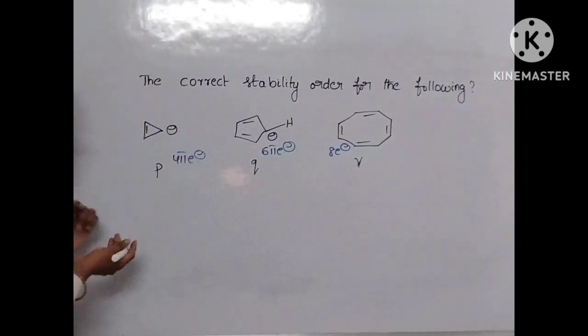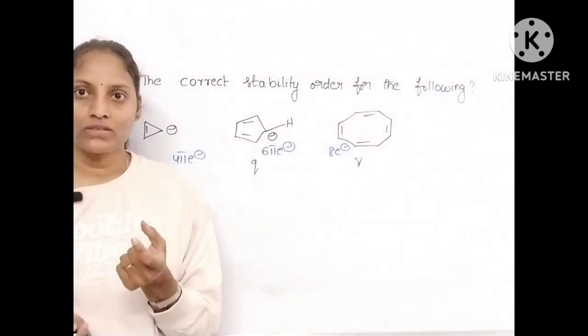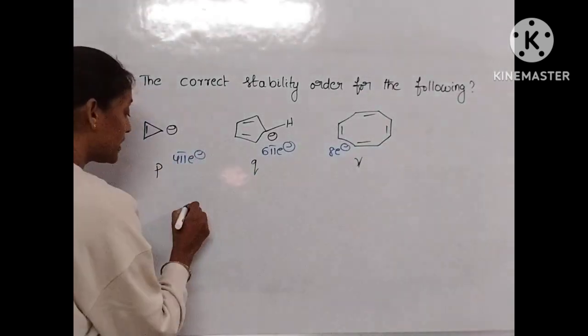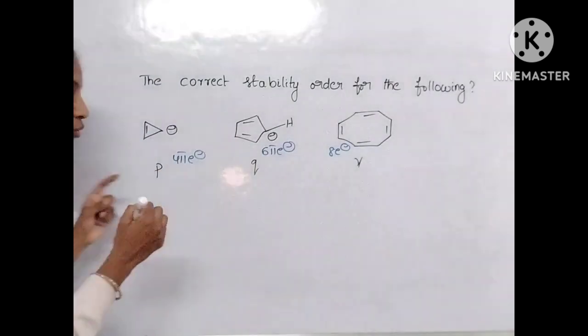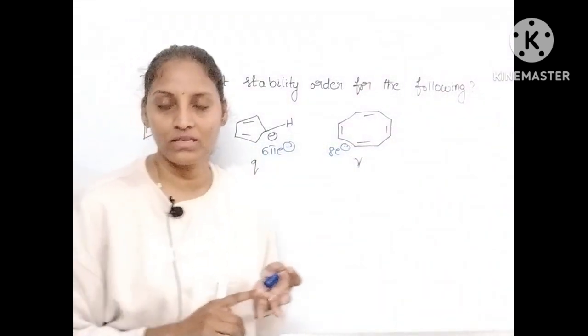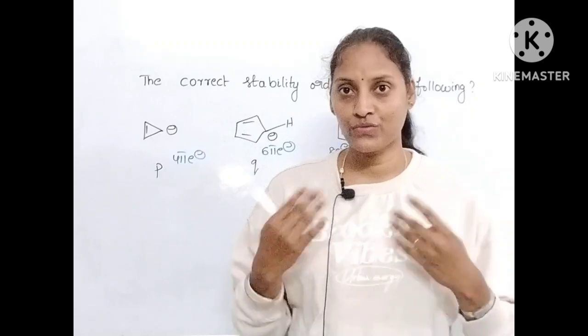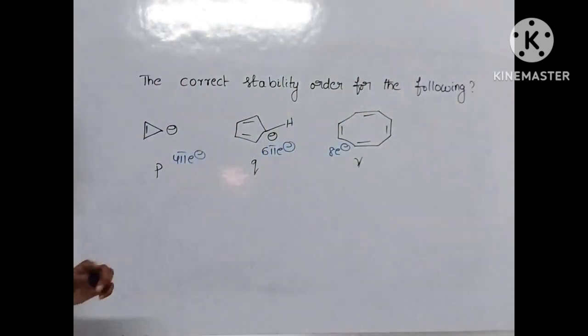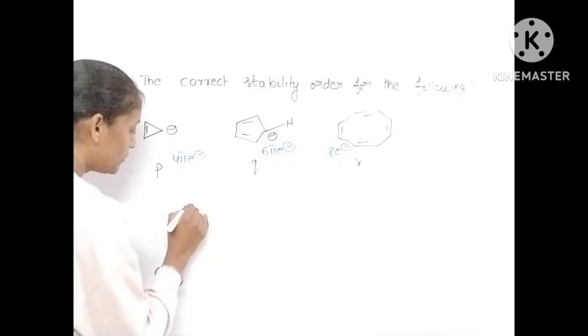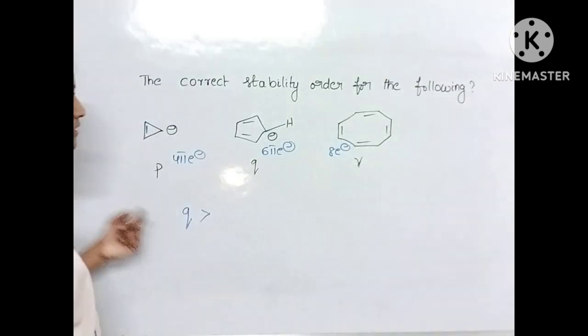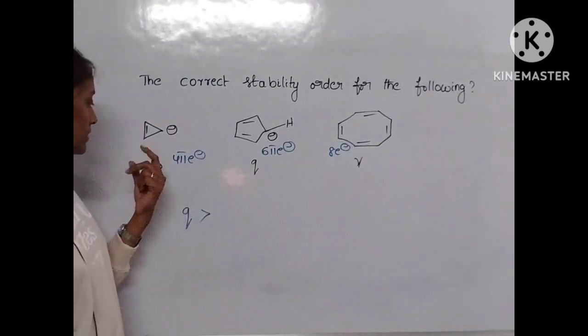If 6 pi electrons are there, it is an aromatic compound as per Huckel's rule. 2 pi electrons, 6, 10, 14 all come under Huckel's 4n plus 2 pi electrons rule. So Q comes first. Q is more stable than P and R.